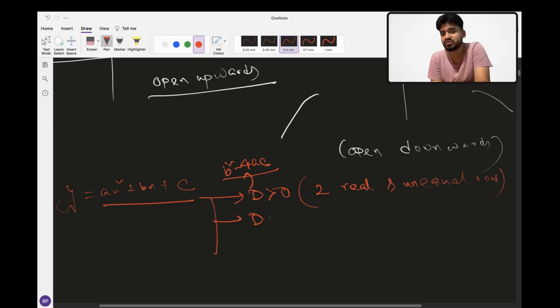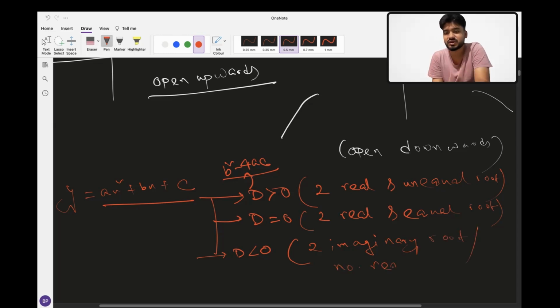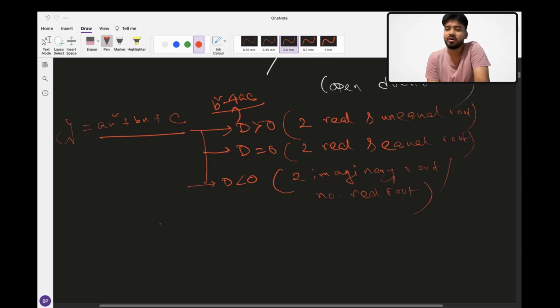When D equals 0, it has two real and equal roots. And when D is less than 0, it has two imaginary roots, or you can say no real roots. Yes or no? Clear? Okay.